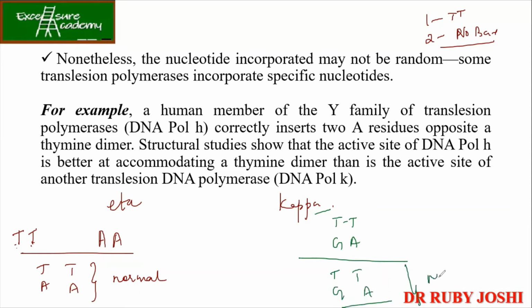It is not normal. Right? This is wrong base pairing. So in order to correct this, we have the mismatch base pairing repair. So another round of repairing is required. So it is always better that eta comes instead of kappa whenever there is a thymine dimer.